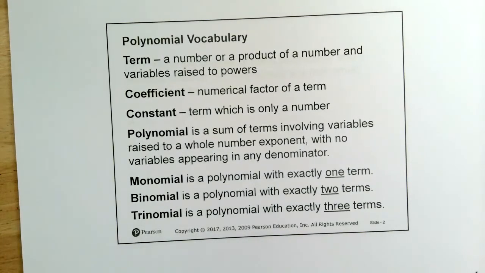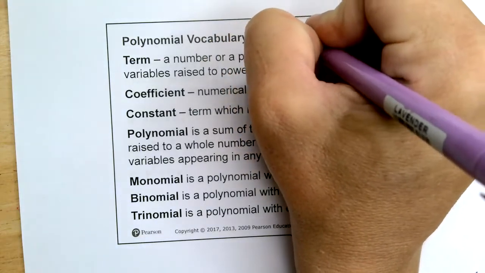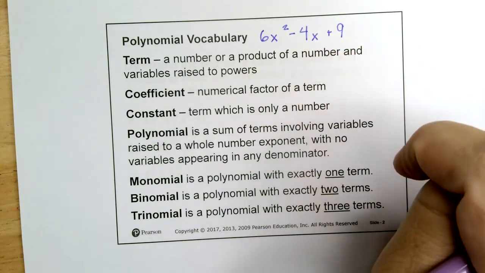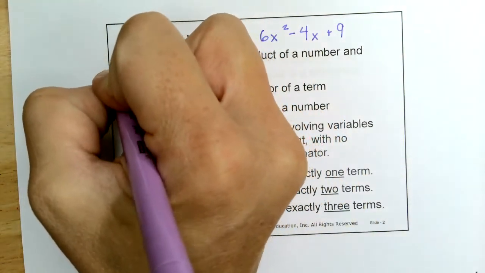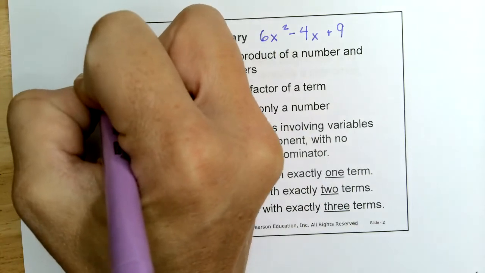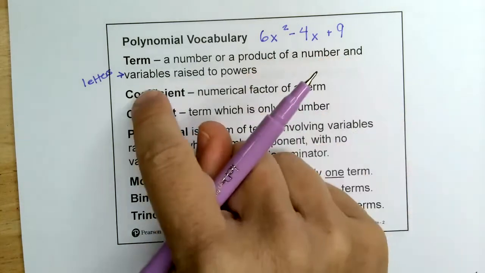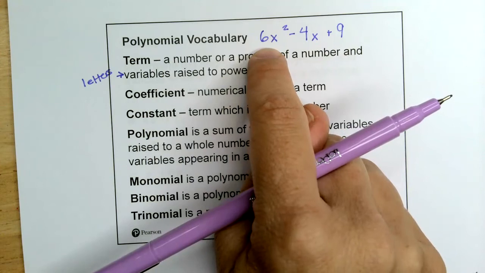Vocabulary, a term. So we have the same one, 6x squared minus 4x plus 9. The term is the number, like 9, or the product of a number and a variable. The variables are letters in algebra, letters that replace numbers. Product means the multiplication of a number and a variable, like 4x, or a number and a variable raised to powers, 6x squared.